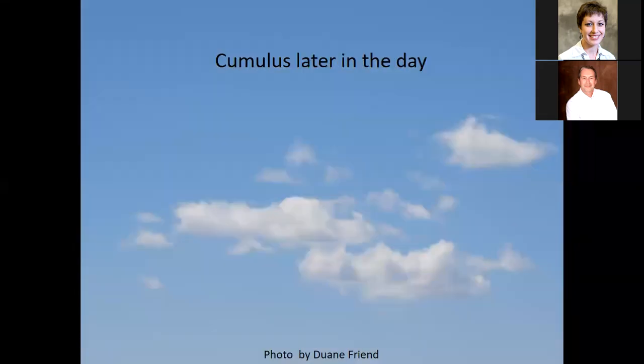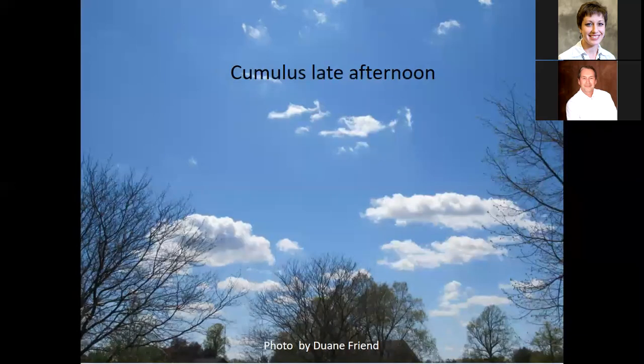Later on in the day, those cumulus clouds start growing, becoming more numerous. And by late afternoon, you may have a whole bunch of those cumulus clouds in the sky. Then as the sun sets, you'll notice that the sky clears up again because the ground is no longer being heated up. Those bubbles of air are no longer rising. And so you go back to a blue sky or a dark sky once the sun goes down, a clear sky, I should say.